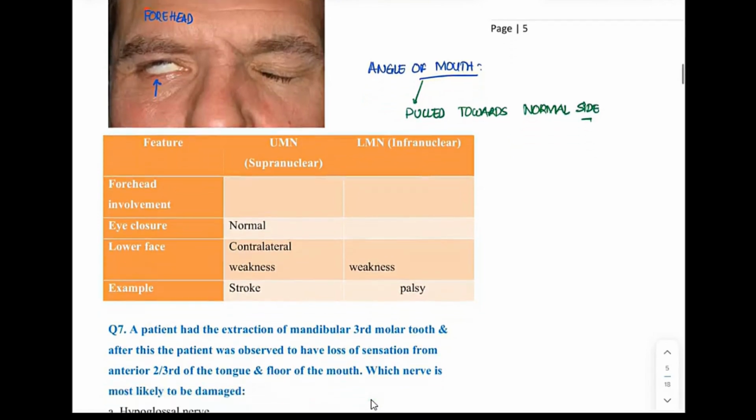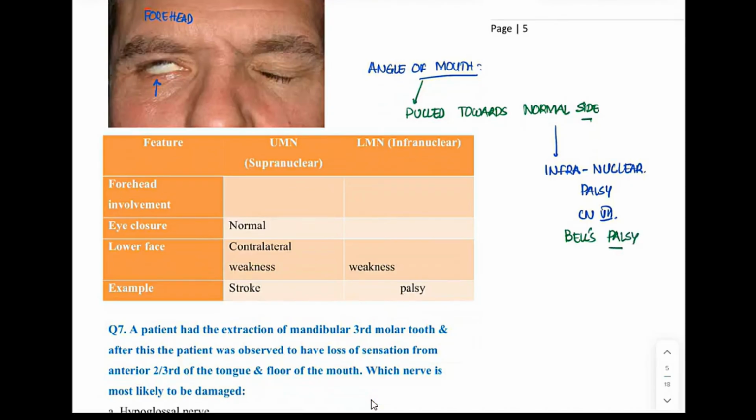So this is the classical infranuclear palsy of the facial nerve, right? Infranuclear palsy of the facial nerve, and this is clinically known as Bell's palsy. So this is the description of Bell's palsy.